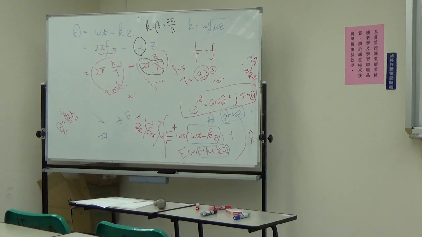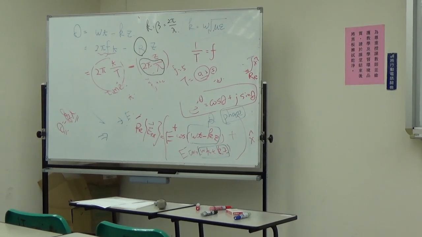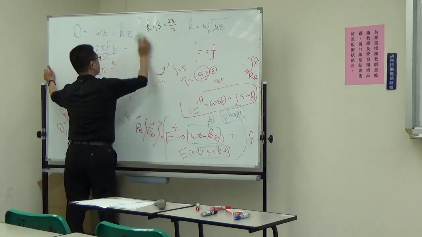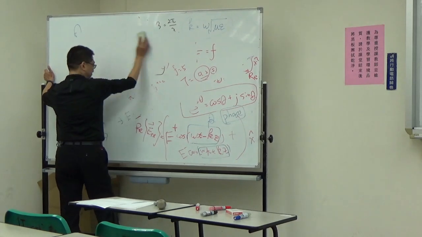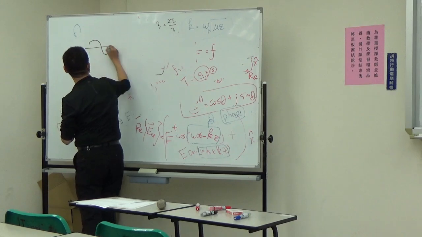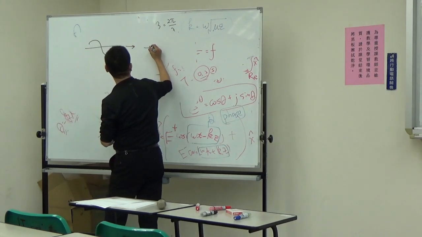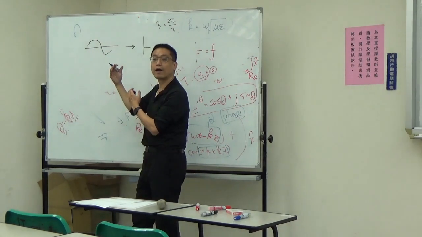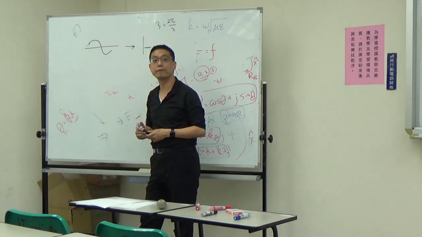If a wave is propagating, how can we monitor it? If you say the wave is moving, how do we describe that it is moving?